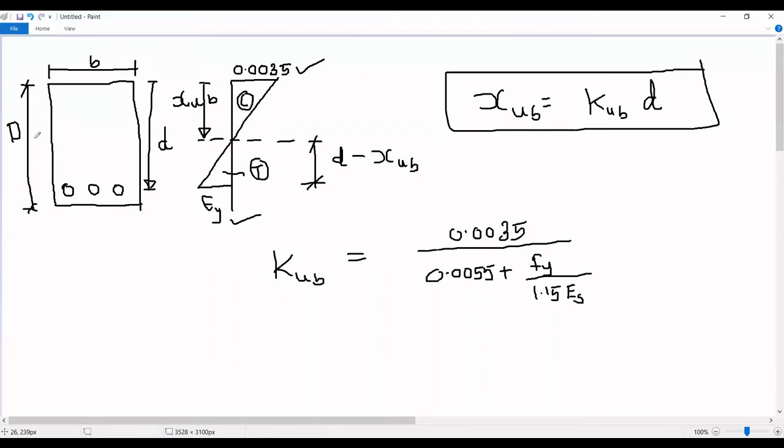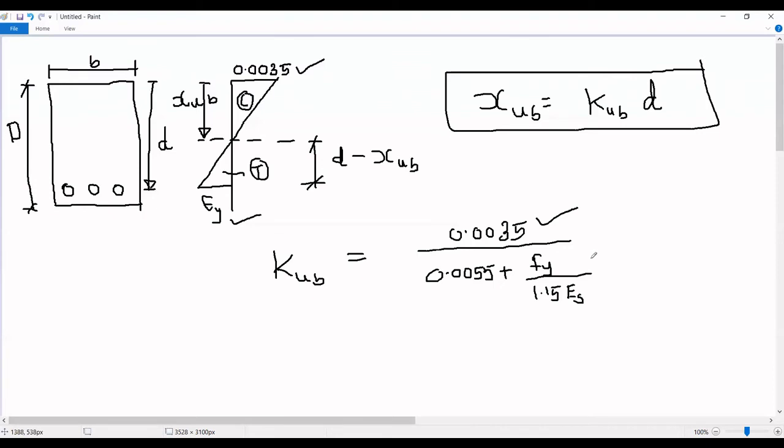Secondly, the value of neutral axis factor KUB is independent of the grade of concrete, because irrespective of the concrete mix that we use, its ultimate compressive strain is fairly 0.0035. Therefore KUB for a balanced section is independent of grade of concrete.